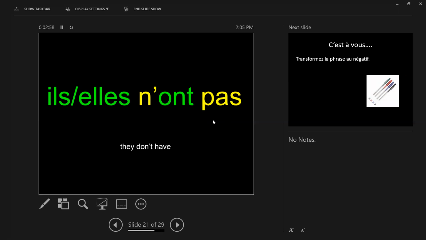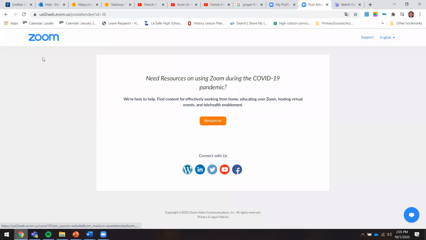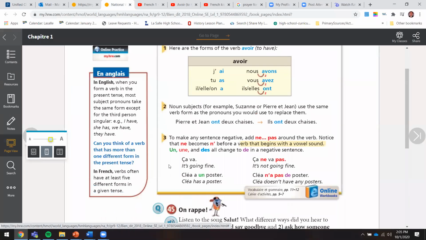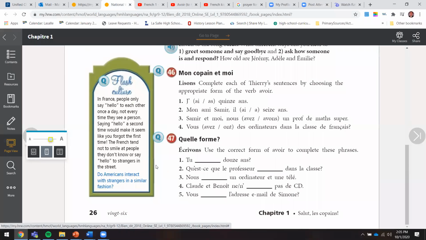Okay, that's it for the slides. Pick a partner. If you want to work by yourself, that's fine, you do you. But it's nice to work with a partner. You can collaborate, you can see what another person thinks is right.